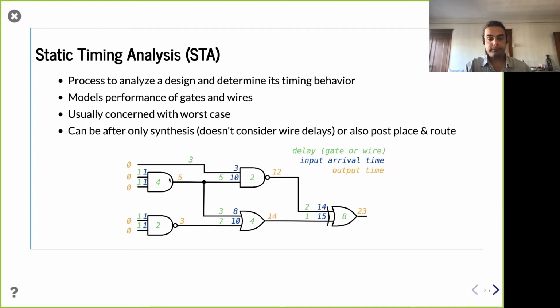So you can see, for example, given the input arrival times, okay, well, the inputs to this gate were set at 1. This gate takes 4 time units. So this gate's going to have a legitimate output at 5 time units. Now, this is hardware, right? So it's not just an instantaneous thing. It's always producing an output.